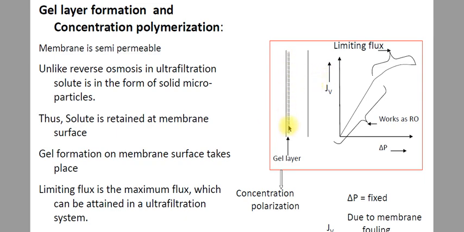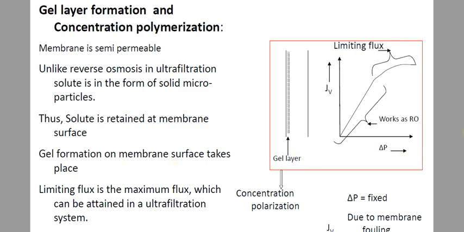When the flux of water increases, the thickness of the gel layer will start to increase. When this layer becomes thicker, it starts to act as a resistance to the water flux, because it is a solid layer. So the flux will again start to reduce. That means the thickness of the layer increases with the increase of pressure, and that leads to the limiting flux, meaning the flux becomes constant after some time. So this is called the limiting flux.